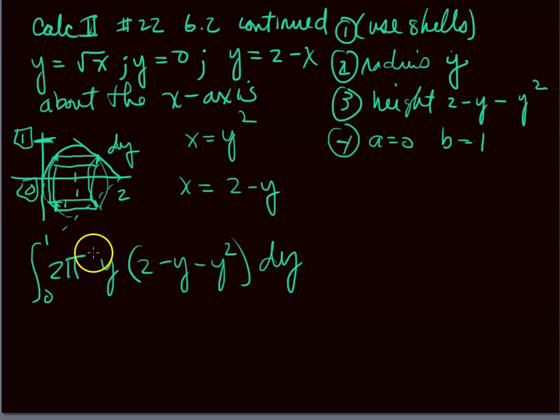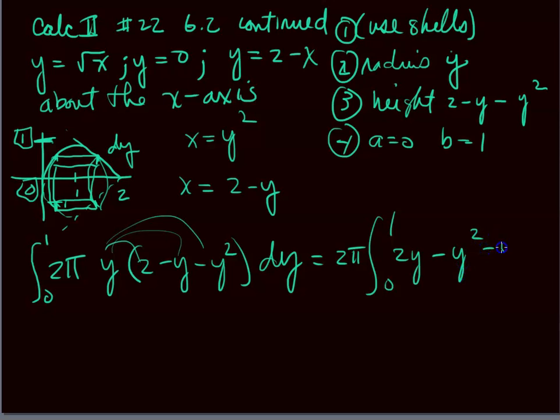That's the thickness. And then you find the antiderivative. Pull out the 2 pi. 0 to 1, let's distribute this: 2y minus y squared minus y cubed dy. So this is the 2 pi.